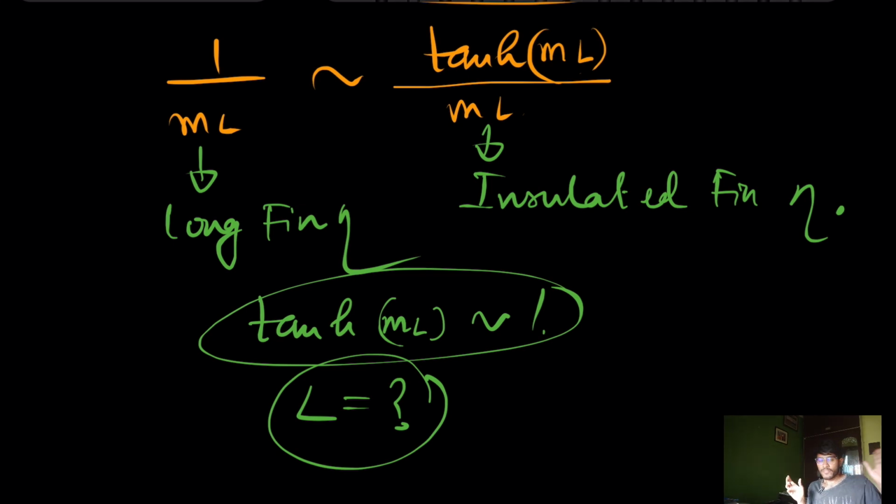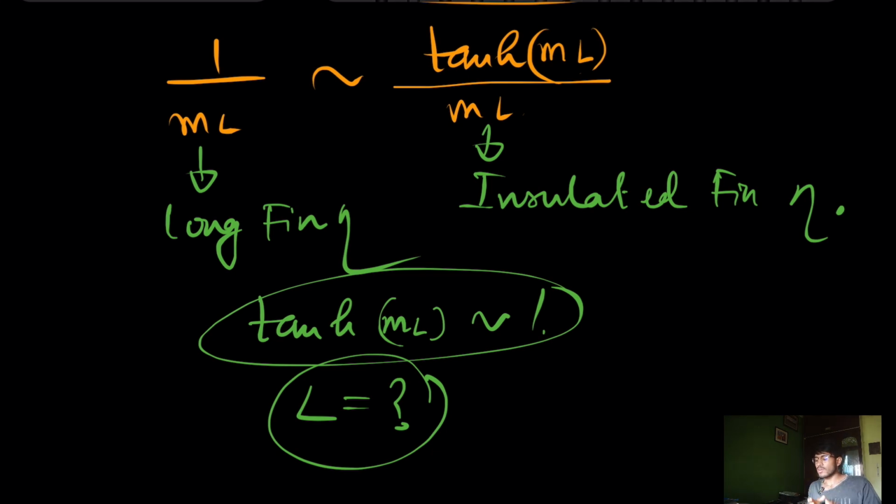One is a long fin case, another is a convective boundary case when you are not considering the fin to be long enough. So for which length L it is at the critical position that it can be considered convective, also it can be considered long enough that I can apply the long fin approximation. So that is the concept.